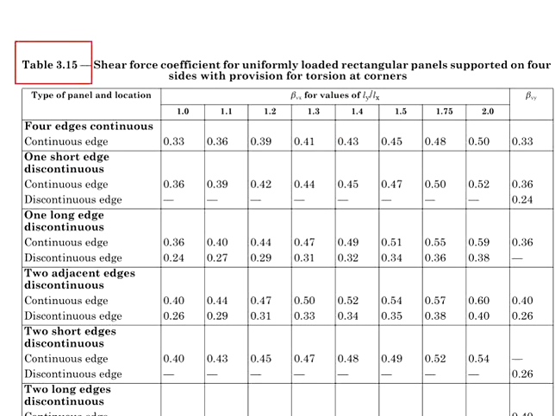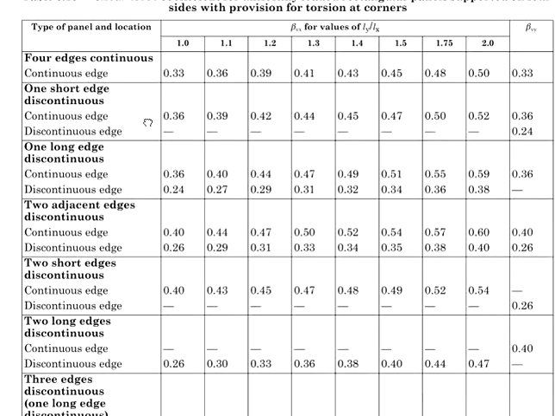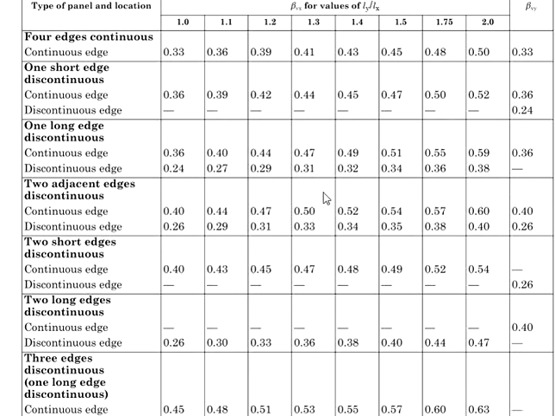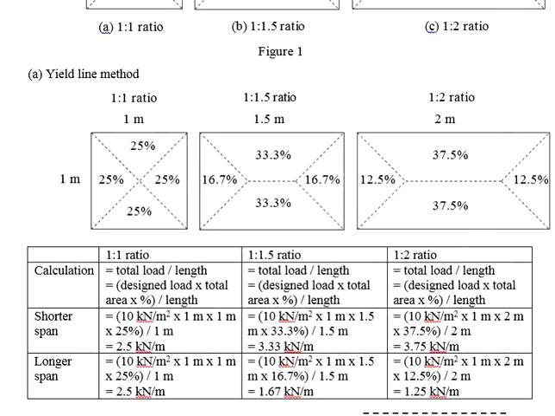In table 3.15, the British Standard classifies the slabs into various categories, taking into account the number of continuous and discontinuous edges, as well as their locations. This is a unique feature of table 3.15 as compared to the U-line method. The U-line method disregards the category of the slab.